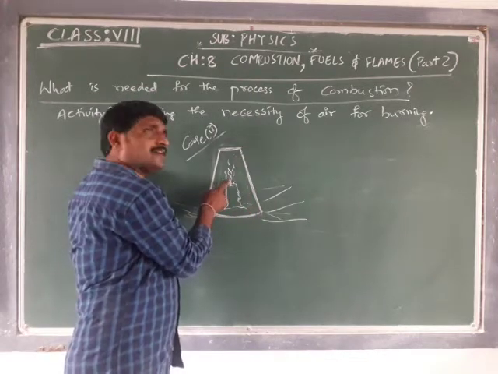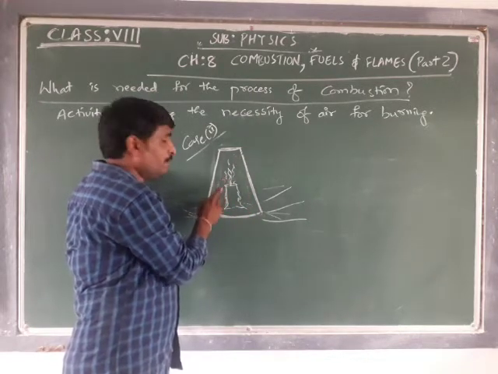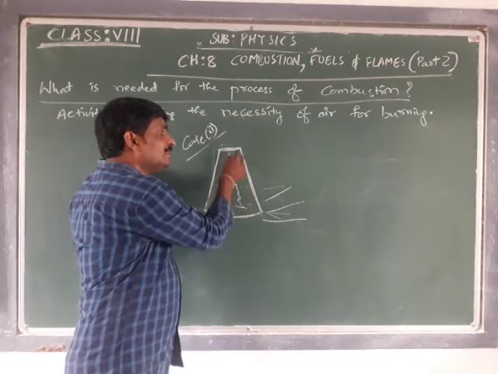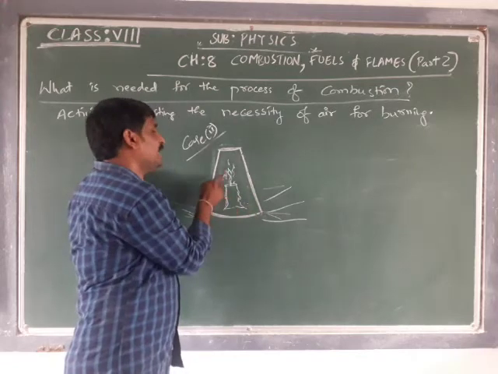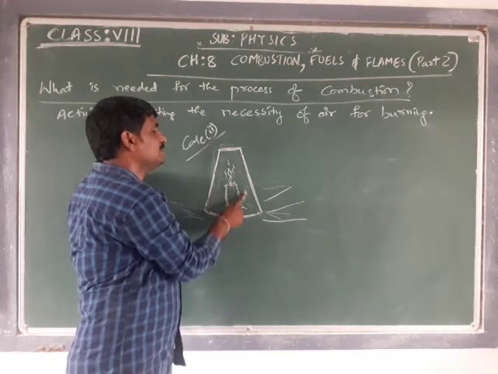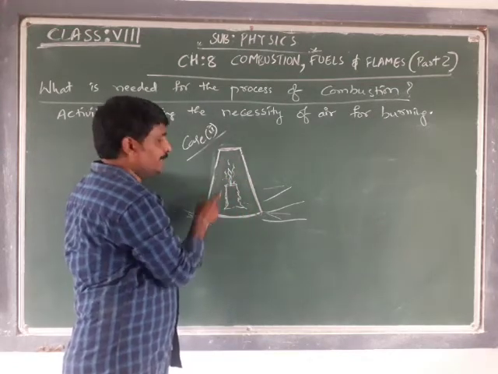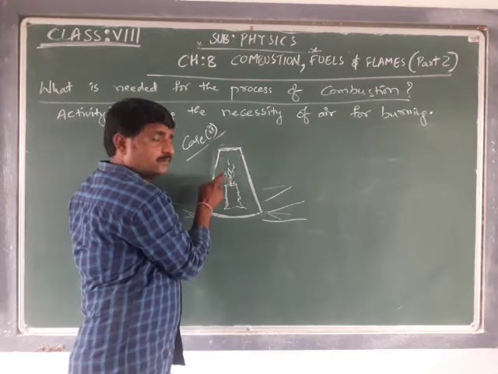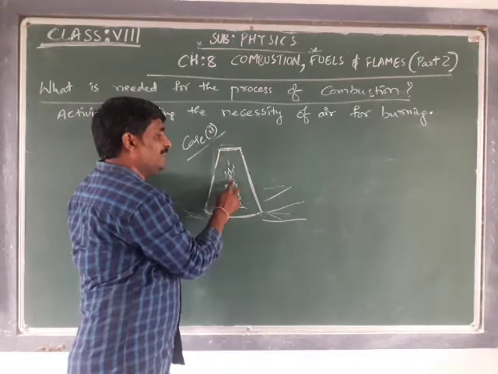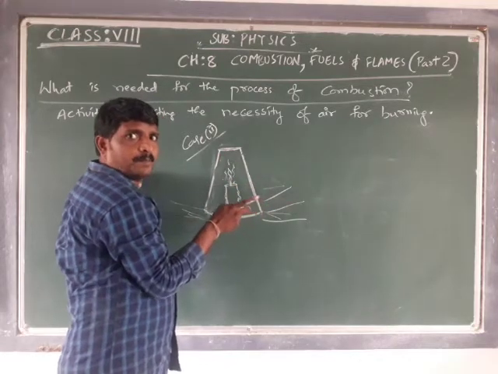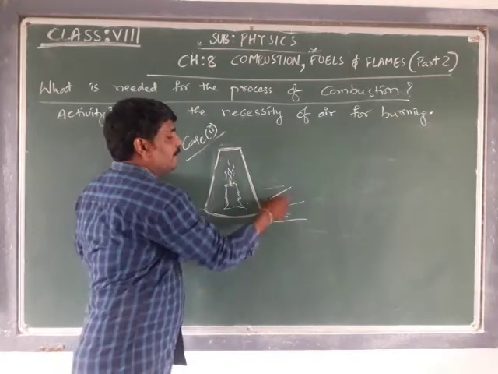The candle was burning without any problem until the air in the glass tumbler was utilized by the flame. Once the total air is consumed, the flame starts flickering, and finally it is put off because there is no supply of air.